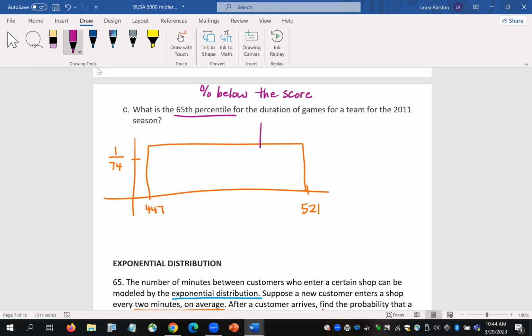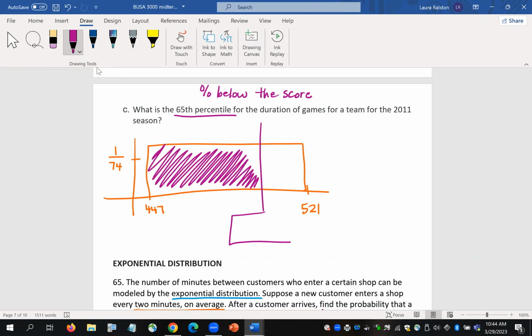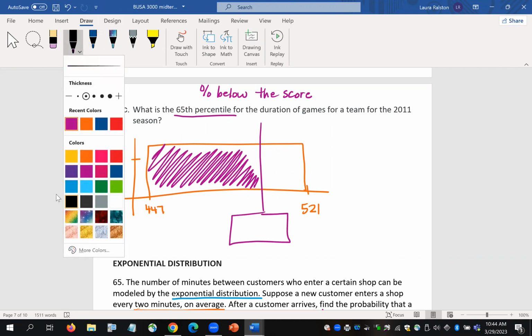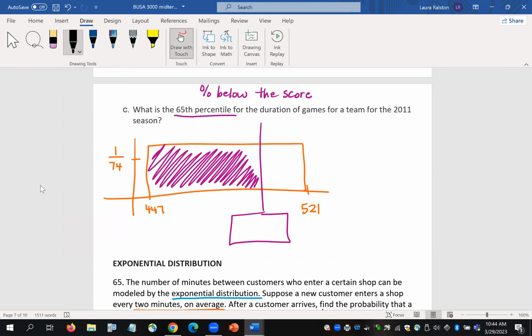So 65%. I know that this kind of purple magenta shaded region is 65%. You said this one's related to the cutoff question I mentioned?